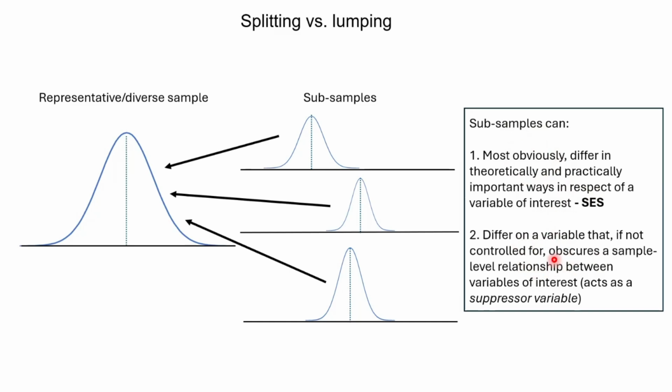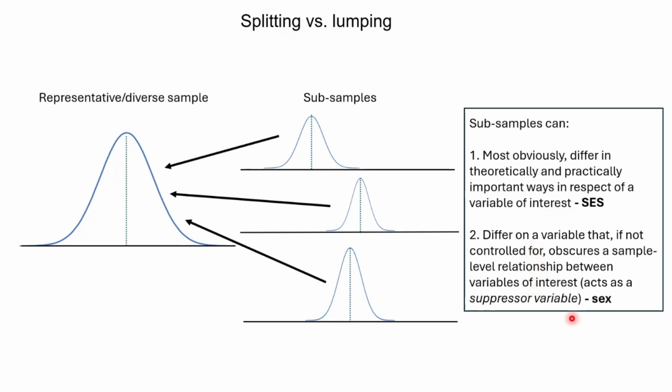In other words, something that is general across more than one subsample may turn out to be undetectable. In other words, the subsample label can act as a suppressor variable in your statistical analysis.